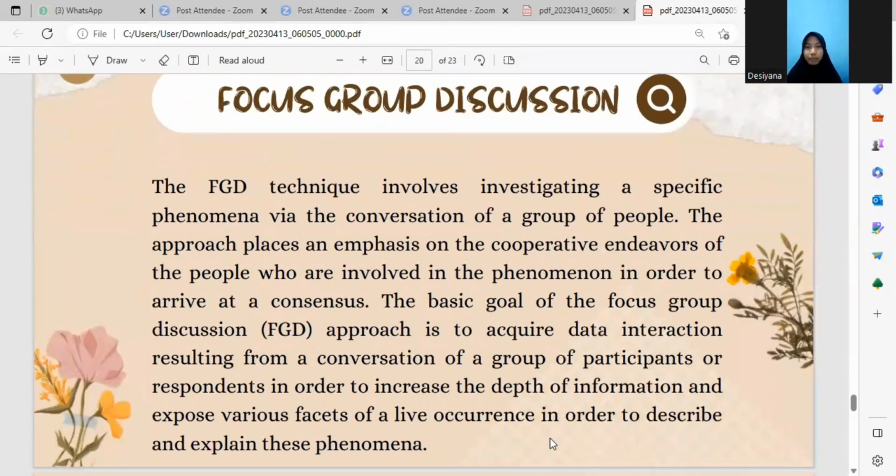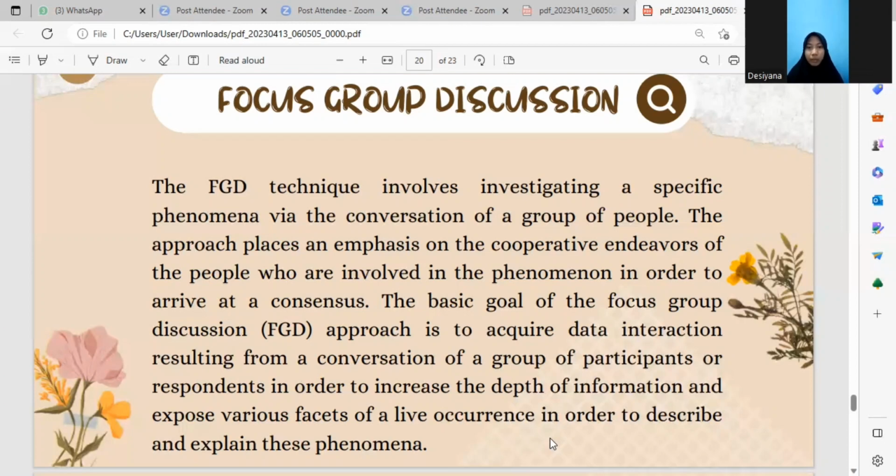Next, focus group discussion. The FGD technique involves investigating a specific phenomenon via the conversation of a group of people. The approach places an emphasis on the cooperative endeavors of the people who are involved in the phenomenon in order to arrive at a consensus.